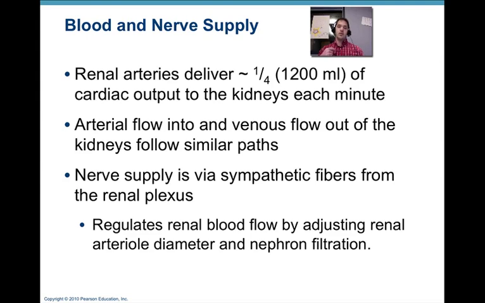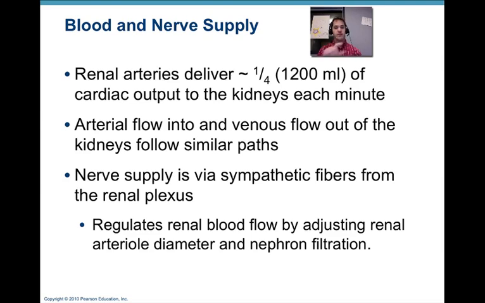So the kidneys are highly vascularized. They have that big renal artery, and the renal artery delivers a lot of blood to the kidney, almost a quarter of cardiac output to the kidneys each minute. And arterial flow and venous flow out of the kidney have a similar path.